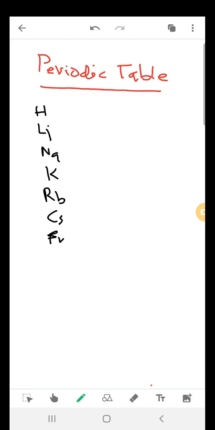Then we have beryllium, magnesium, calcium, strontium, barium, and radium.